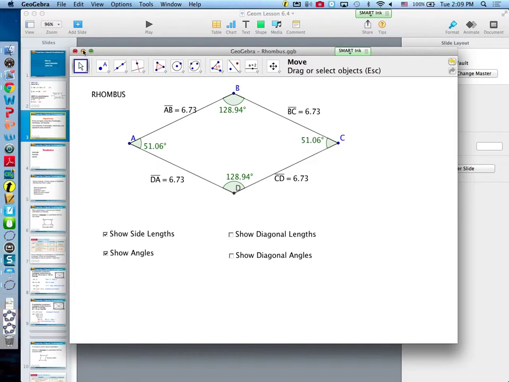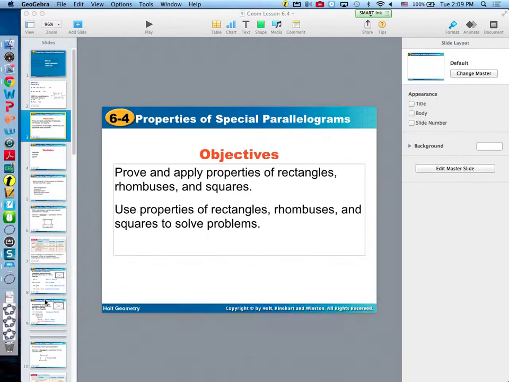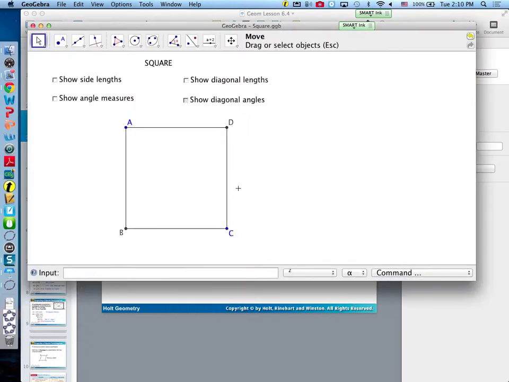Okay, how about your square? Square, specifically the diagonals. If you get all the angles in there, especially with the diagonals, you should notice there are a lot of isosceles right triangles, like the 45, 45, 90 triangles that we did earlier. There are little ones that are 45, 45, 90.